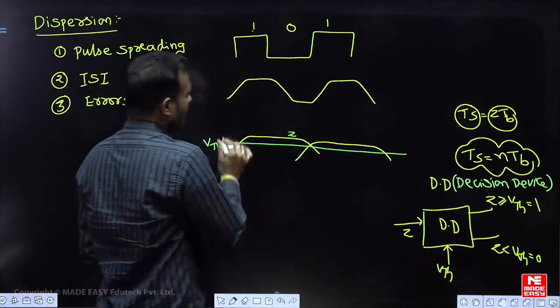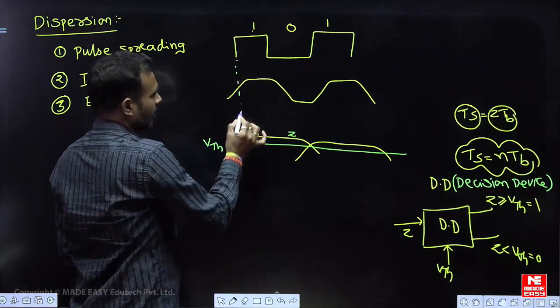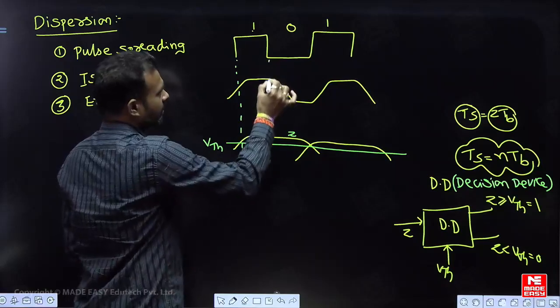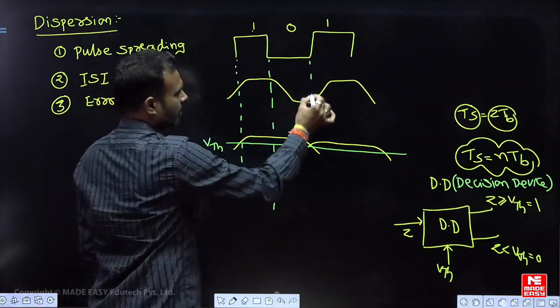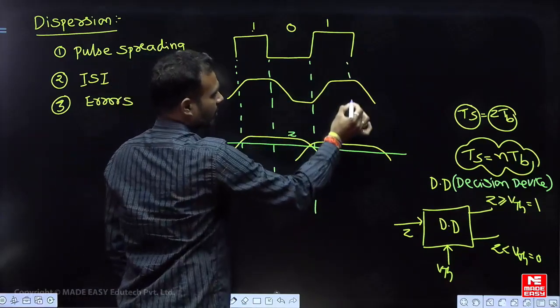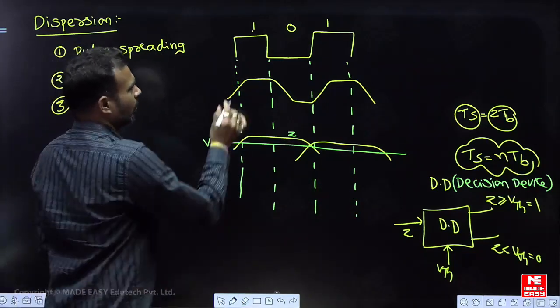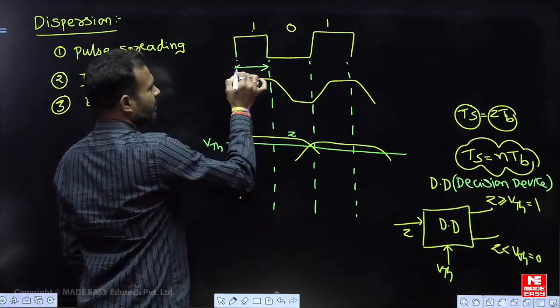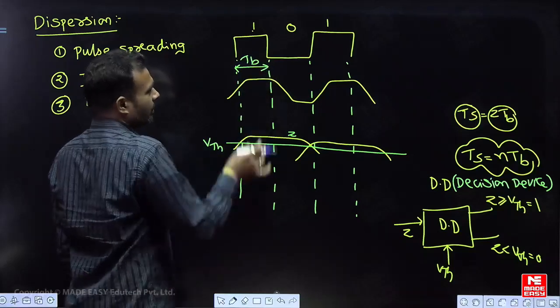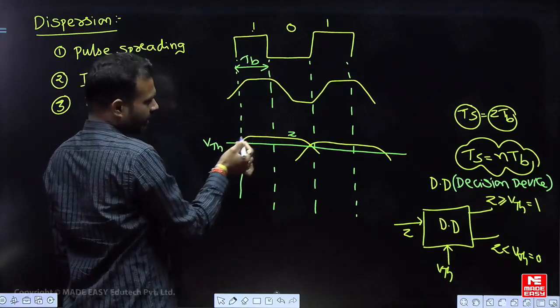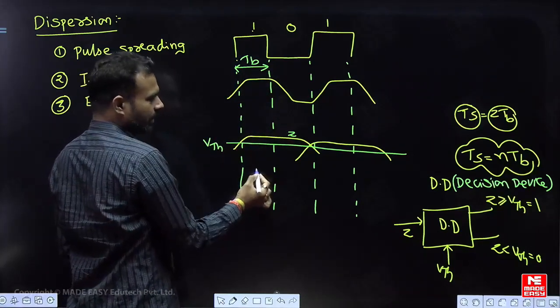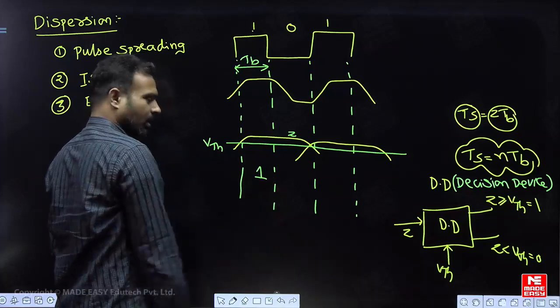Observe carefully. I am drawing the shaded lines. One bit duration is called TB. Now within the bit duration, Z is greater than the threshold, so the decision is taken in favor of 1.